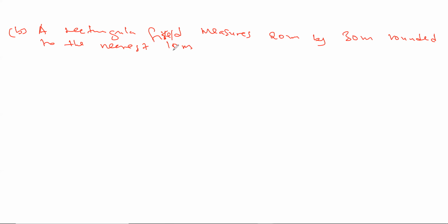Remember we said, if you want to get absolute error, you'll say the rounded off value divided by 2. Don't forget that. So the question: calculate the maximum and minimum perimeter of the rectangle.